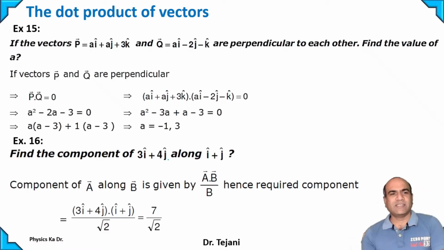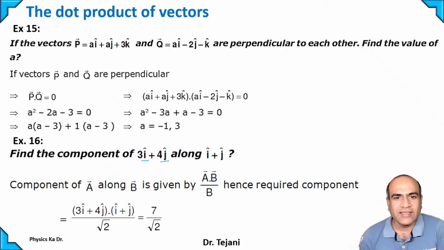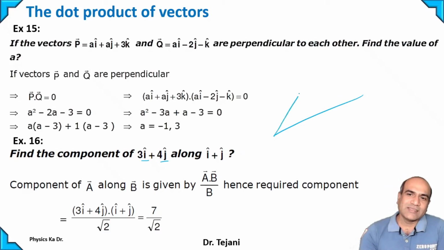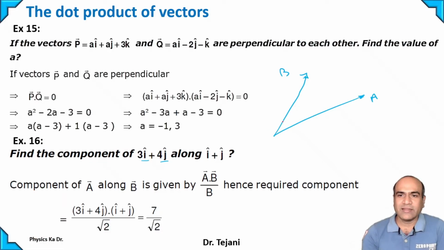And example number 16, you try both examples by yourself. I am just showing here. Find the component of 3i. We know what a component is. This is vector A, vector B, and the component of vector B on A is B cos theta, and for the opposite it becomes A cos theta, right?